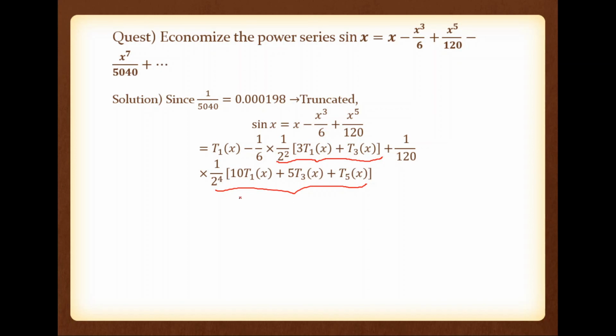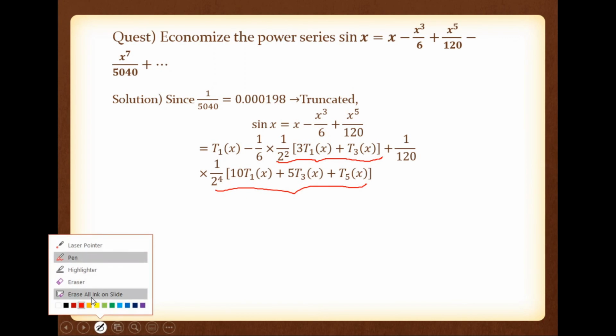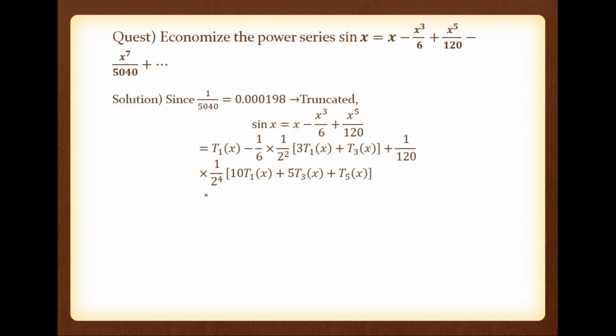So if you are expanding this, we have sin x is equal to 169 divided by 192 T1 of x, because here we have T1 of x, here also we have T1 of x, but this is negative. Here also we have T1 of x, but this is positive. So combining all this T1, we have 169 divided by 192 T1 of x.